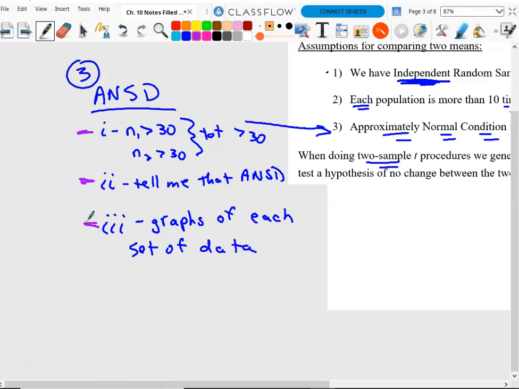And in this case, my samples were not bigger than 30, and my total was not bigger than 30. They did not tell me that fish lengths were approximately normally distributed. So you would have, in order to get full credit for this problem, had to graph each set of data and then talk about there being no outliers or severe skewness.